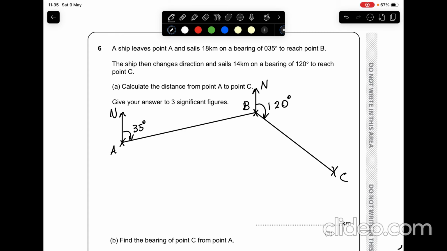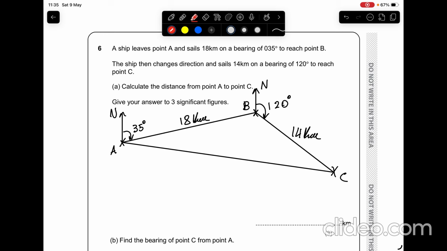So, from point A to point B, that was 18 kilometres. And from point B to point C, that was 14 kilometres. What we need to do, for part A at least, is calculate this distance here, directly from point A to point C.